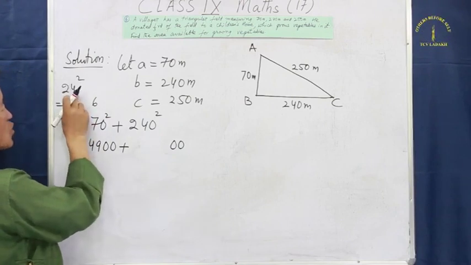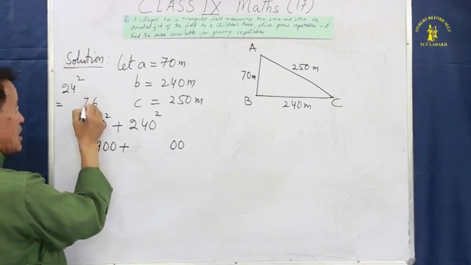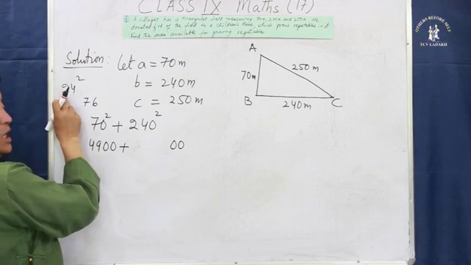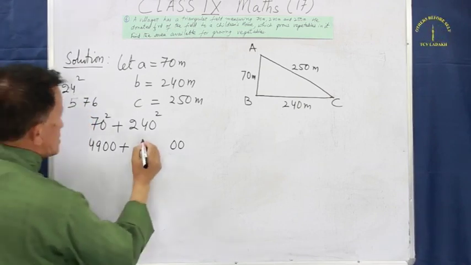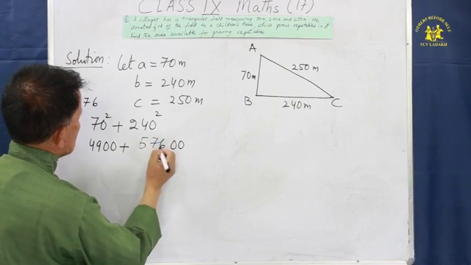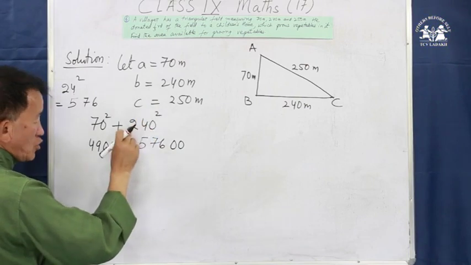And then 2 4s are 8, double it, 8 2s are 16 plus 1, 17. Carry 1, square the digit in the tens place. 2 2s are 4 plus 1, 5. So this is 576.